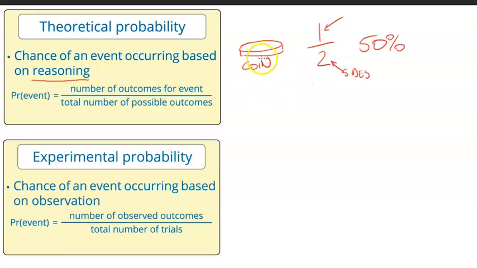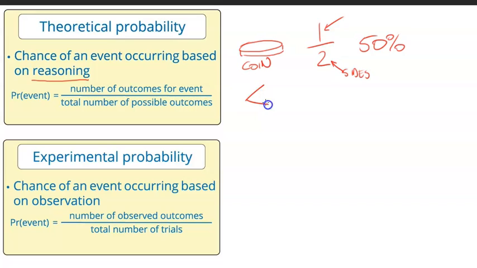It doesn't matter, because you know there are two sides. Even though it's landed on tail 100 times and you think something's up, theoretically speaking, you should have a 50-50 chance. So it's the number of outcomes for the event, in this case 1, over the total number of possible outcomes, which in this case is 2.